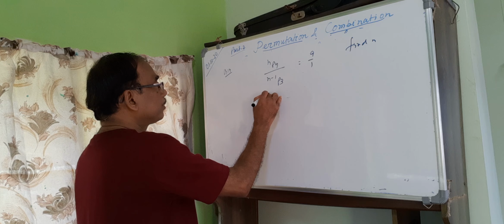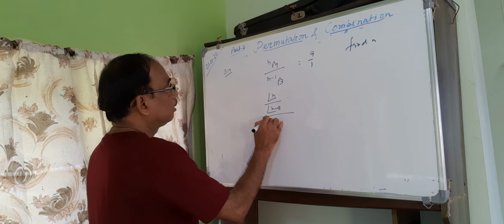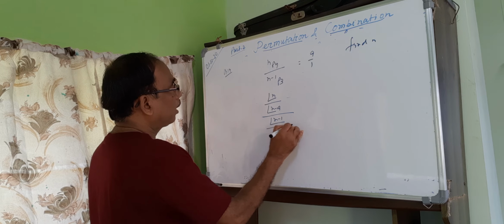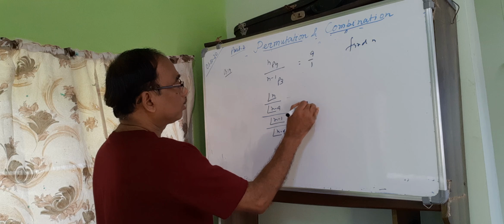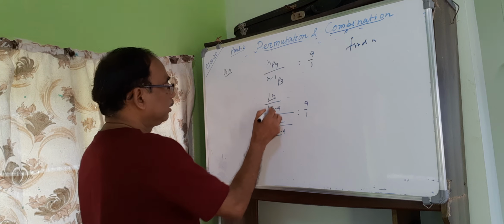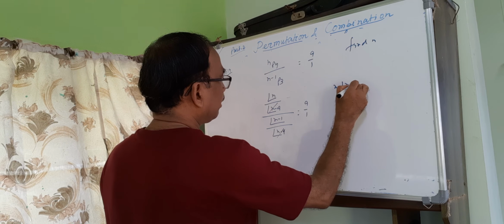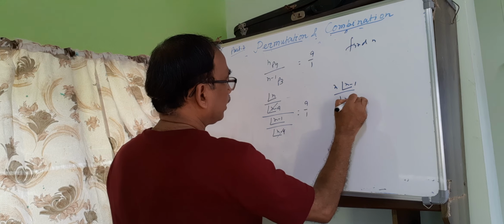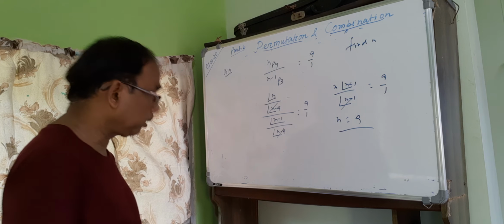To break it, factorial n by factorial n minus 4 over factorial n minus 1 by factorial n minus 1 minus 3 equals 9 by 1. Now this and this cancel, that is n into factorial n minus 1 by factorial n minus 1 equals 9 by 1, that is n equals 9. So more easily you can do.